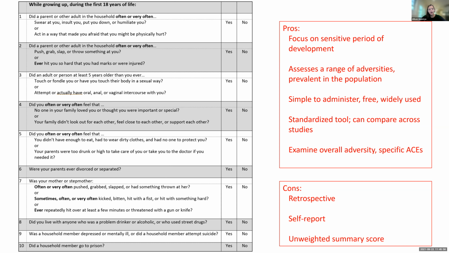I've listed that as a con because unweighted summary scores assume that each one of these adversities matters the same. So that means that experience of sexual abuse and your parents going through a divorce matter the same amount for your experience of adversity and, in turn, on outcome, if you're using a summary score. So, a super useful tool, very descriptive, but like all, has some limitations.